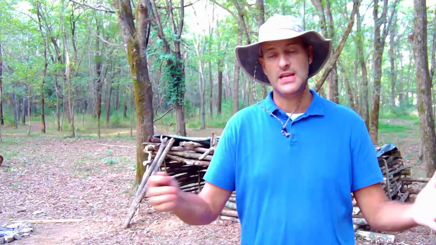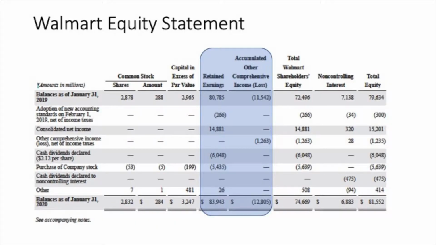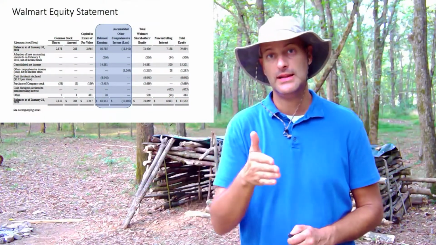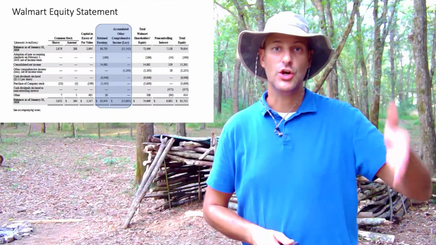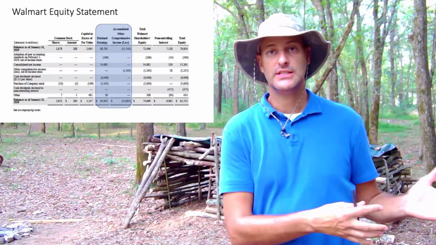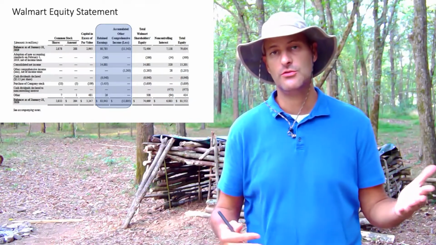So you end up with a statement with a bunch of columns. Usually it starts with the shares that are outstanding. So you have a share roll forward as well as an amount associated with the shares. Again, that's your common stock. It's going to be the par value of the shares. You then have capital in excess of par or additional paid-in capital, depending on what terms the company wants to use. You then have retained earnings. So how much of the earnings has the company retained? And that includes, we just talked through the retained earnings statement.